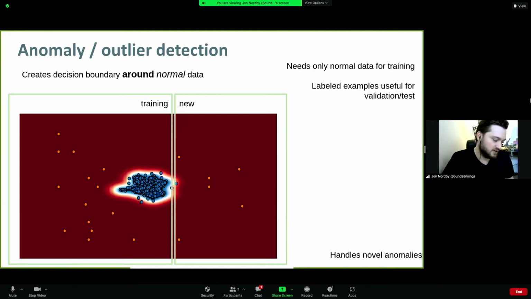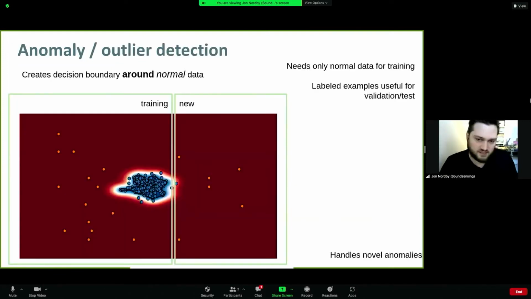Typically, classification requires 1,000 samples per class and hundreds of samples for each individual subtype inside the class. So this handles novel problems well, which is very important. That's anomaly detection, and that's what we will focus on.